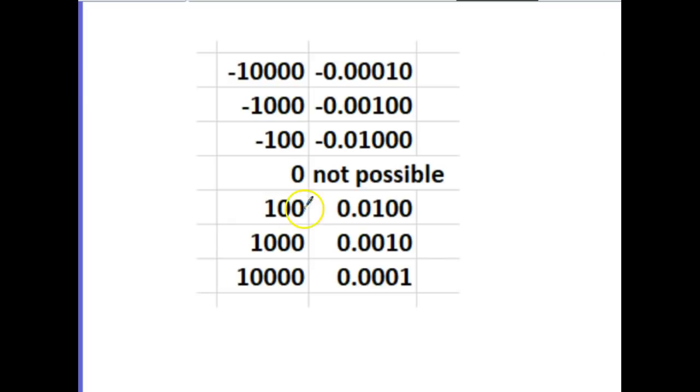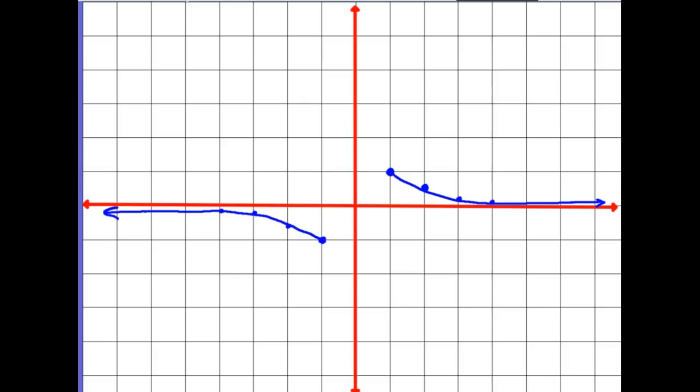If I put 1 over 100, it gets very, very small. 1 over 1,000, 1 over 10,000. It gets very, very, very small, but it doesn't actually ever get all the way to 0. So it's going to get closer and closer and closer to 0, but it's never going to actually touch 0.